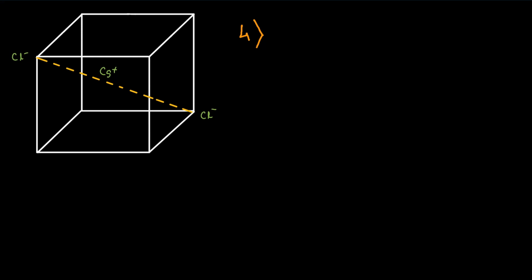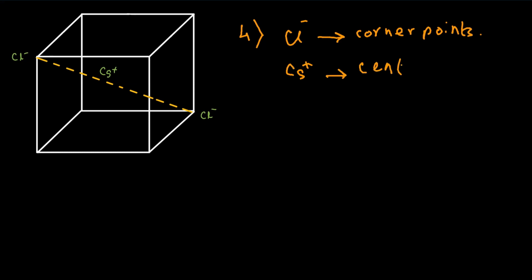Okay, and as you can see from the diagram, Cl minus are at the corner positions and Cs plus lies at the center of the body diagonal.